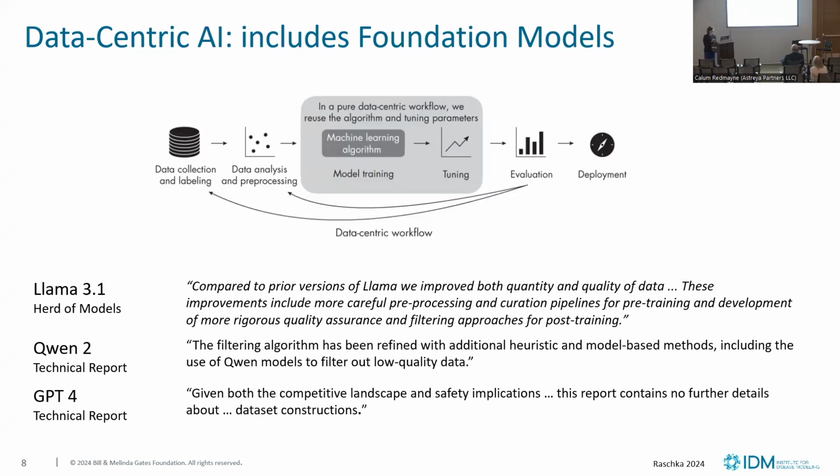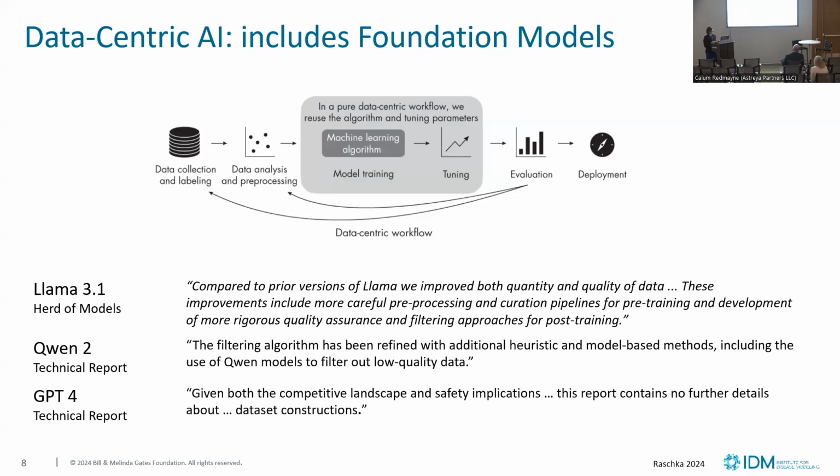Again, using heuristics and ways to filter data for quality is critical to their model. And they also use Qwen models themselves to filter this data. So you can actually see that there's quite a lot of overlap during this entire workflow of thinking about data, thinking about models, alternating back and forth.